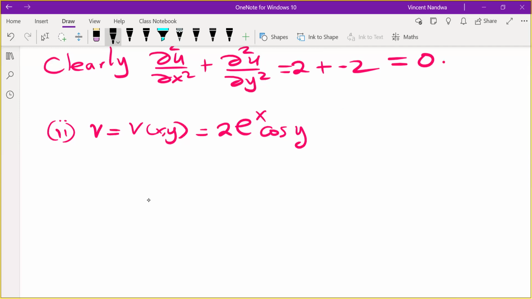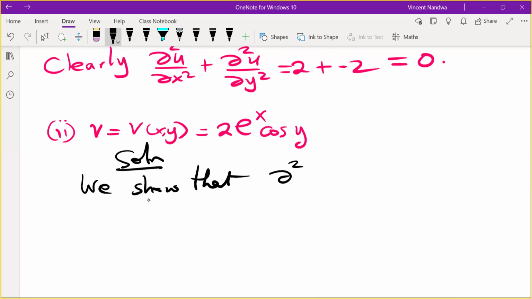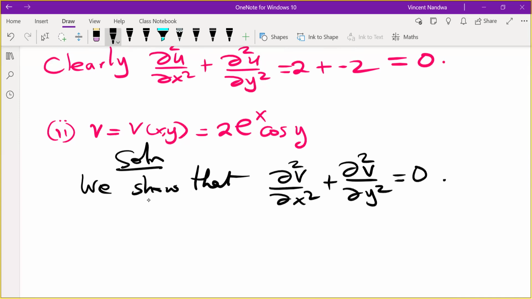For this one also, we show that partial squared v partial x squared plus partial squared v partial y squared is 0. Simply to say that v satisfies the Laplace equation. So what is partial v partial x?